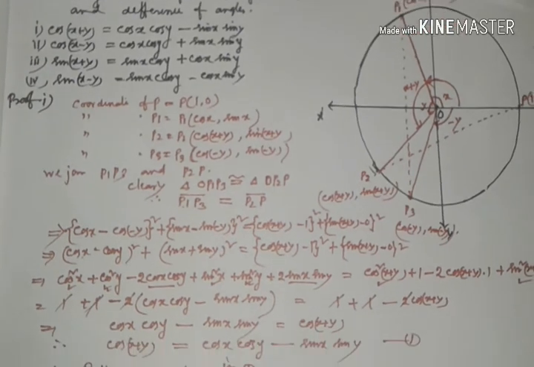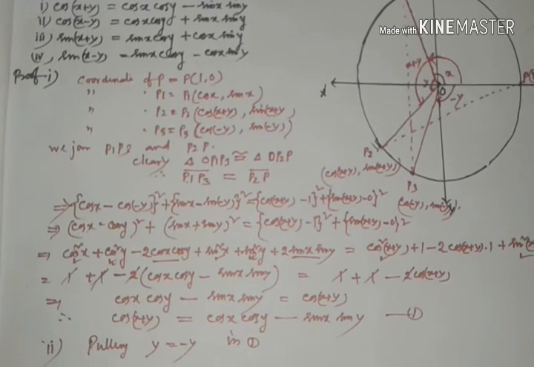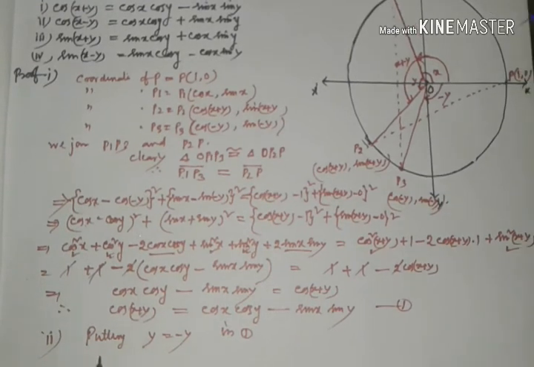If we put y is equal to minus y in 1, then 1 implies cos x plus minus y is equal to cos x cos minus y minus sin x sin minus y.